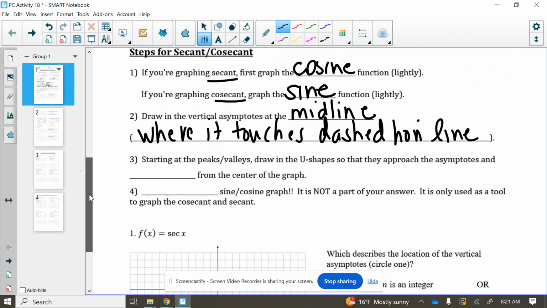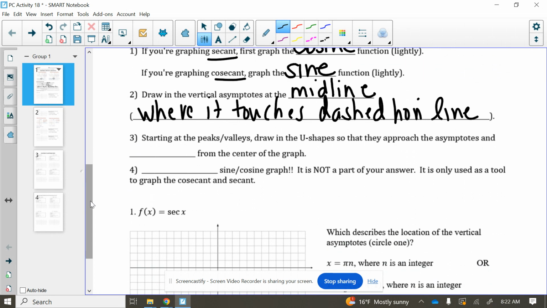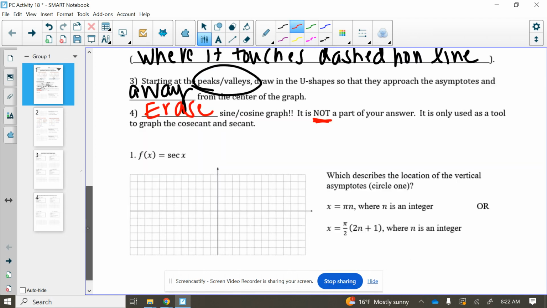And then for part 3, we will draw in, again, the U-shapes away from the center of the graph, anywhere we see the peaks and valleys, the maxes and the mins. Make sure you always erase the original cosine and sine graphs if you drew them in, because they are not officially a part of your answer, only a tool to help us with the secant and the cosecant.